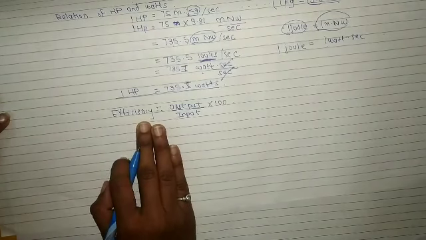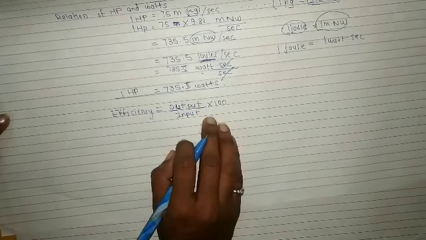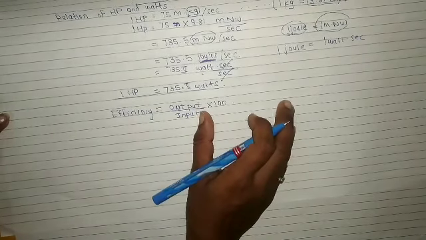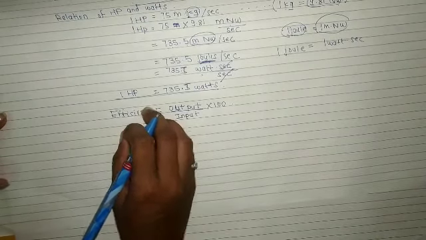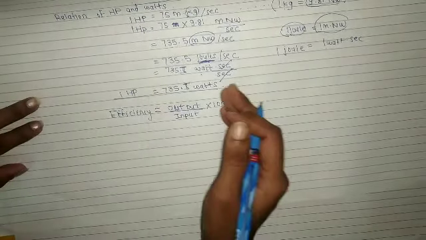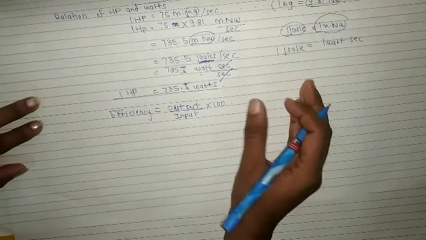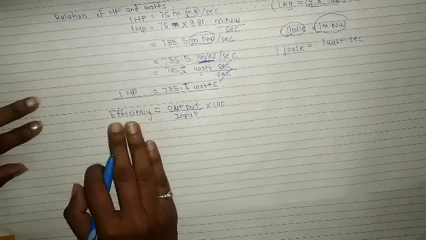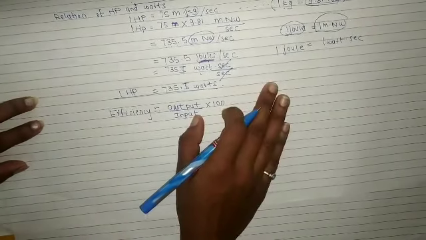What is efficiency? Efficiency means whatever input we give, if we get the same or similar output, then we say that the efficiency is 100%. It is 100% efficient.